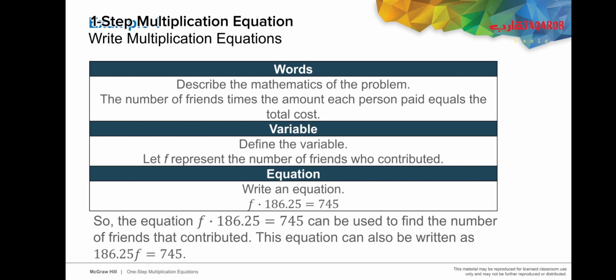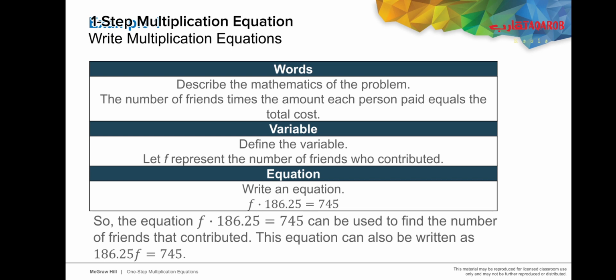So I use the words. They want us to find the number of persons, and they give us the total price, and they give us a hint when they say that they share an equal amount of money. So it's the same share that each person should pay. I will define a variable, for example F, to represent the number of friends.